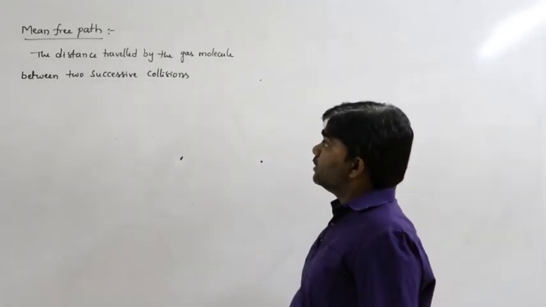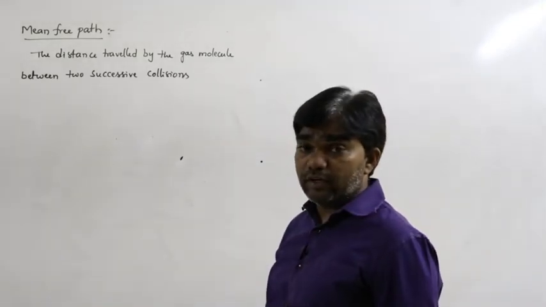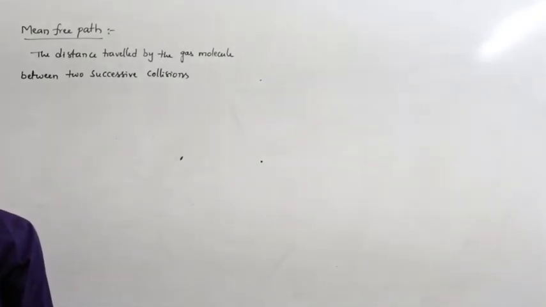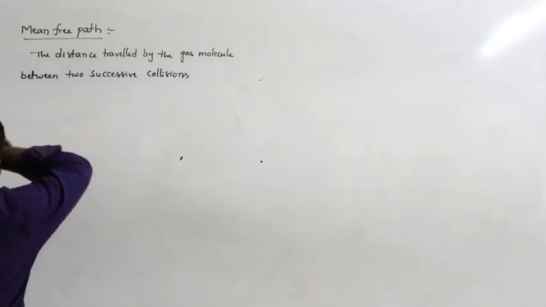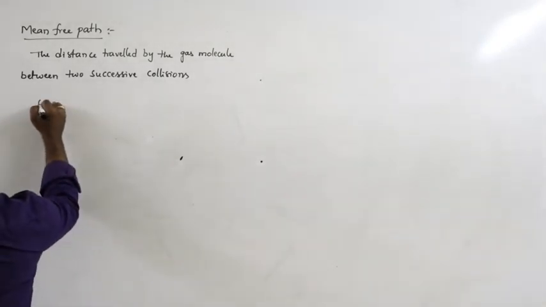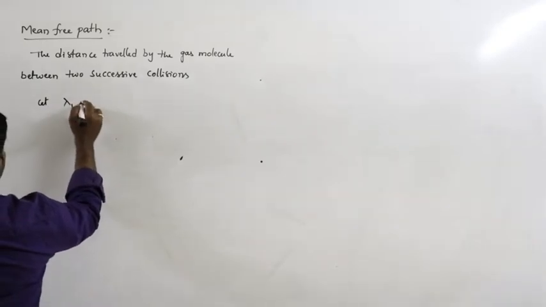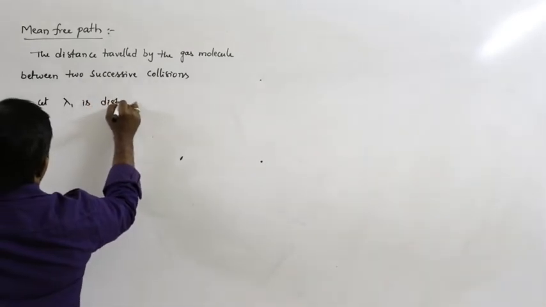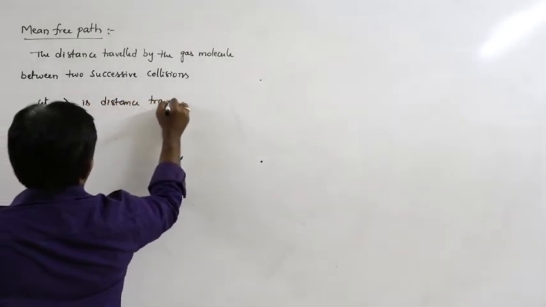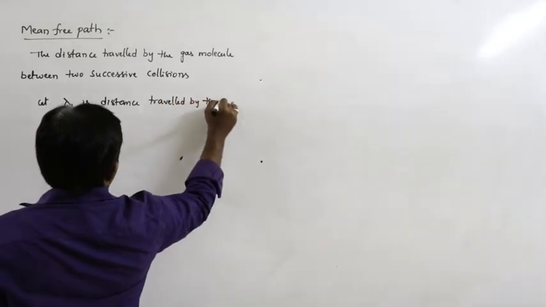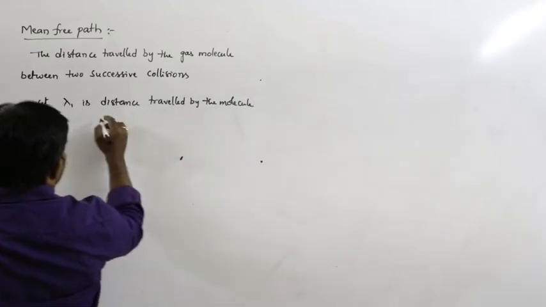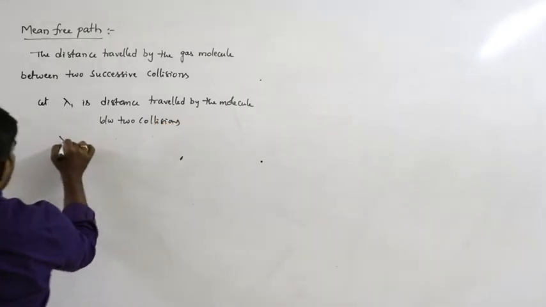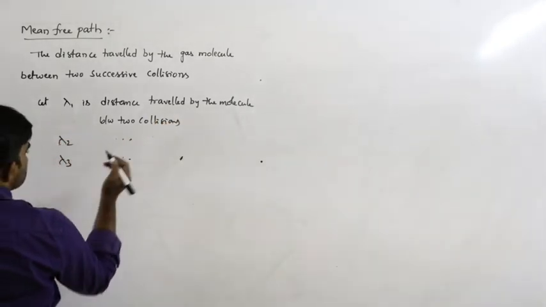So that is the situation. Distance travelled by the gas molecule between two successive collisions. Let us say lambda 1 is the distance travelled by the molecule between two collisions, and lambda 2 is the second, lambda 3 is the next, like this.